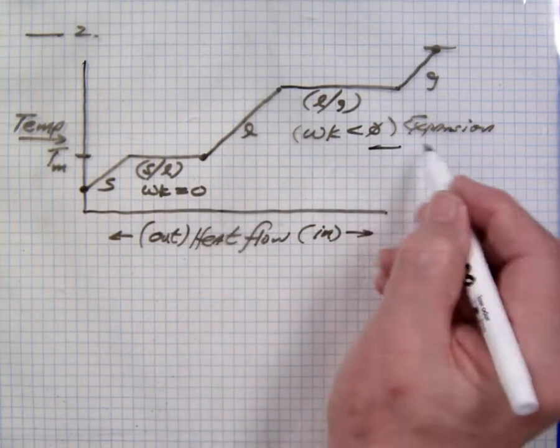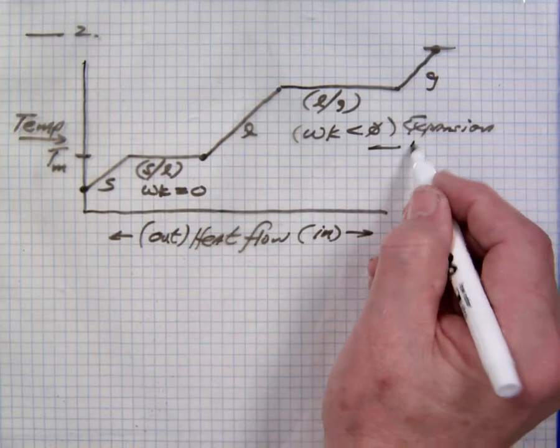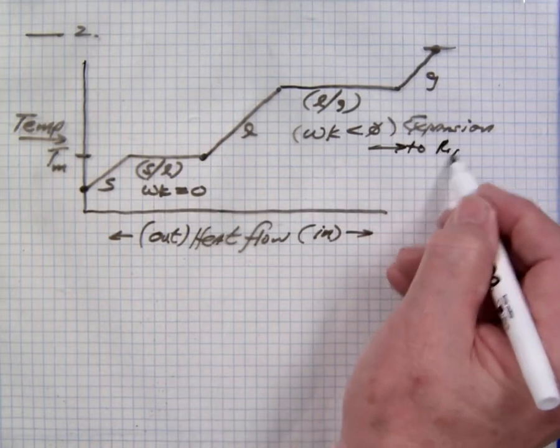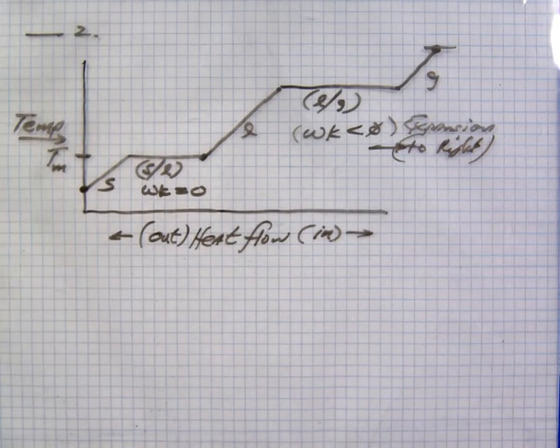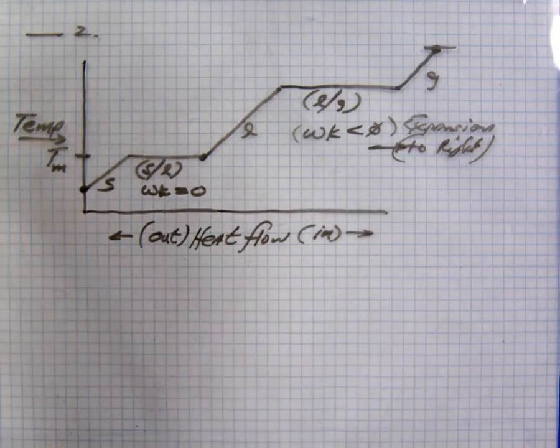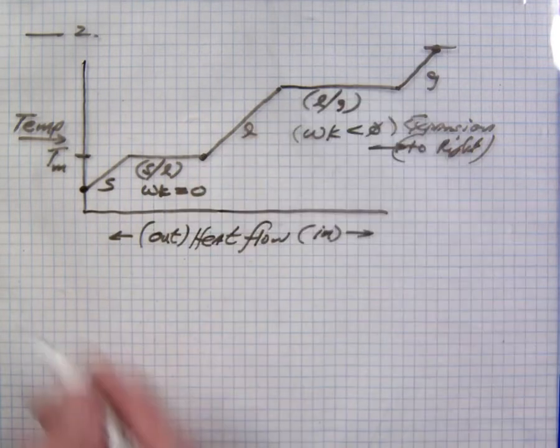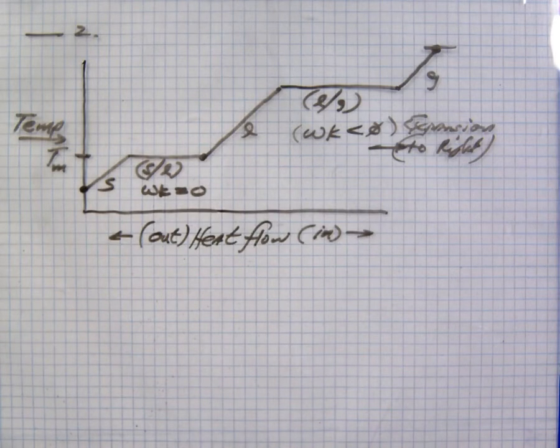If you're going left to right in the curve, and if you're going the other way, it's compression, and work is endothermic, squeezing the balloon thing. Okay, so when two phases are in contact, the reaction is endothermic.